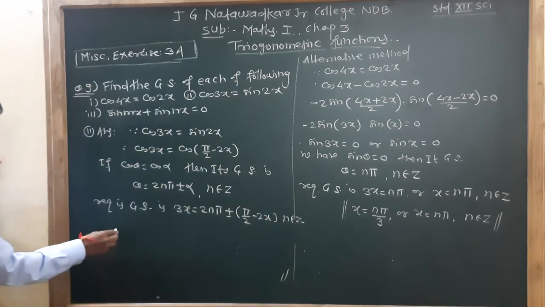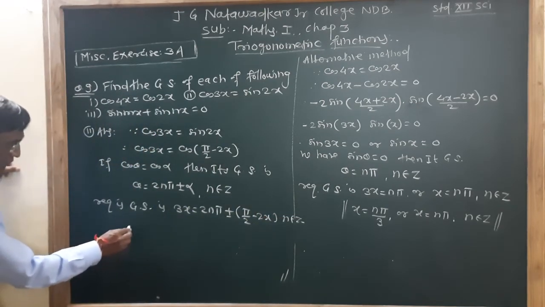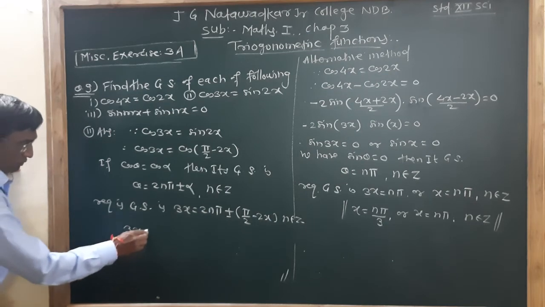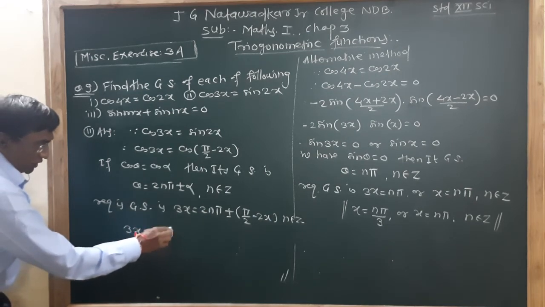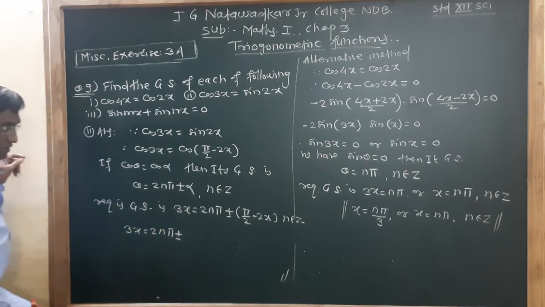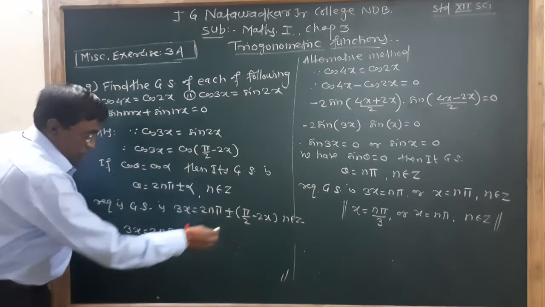Now simplify this. 3x is equal to twice n pi plus or minus (pi by 2 minus 2x).